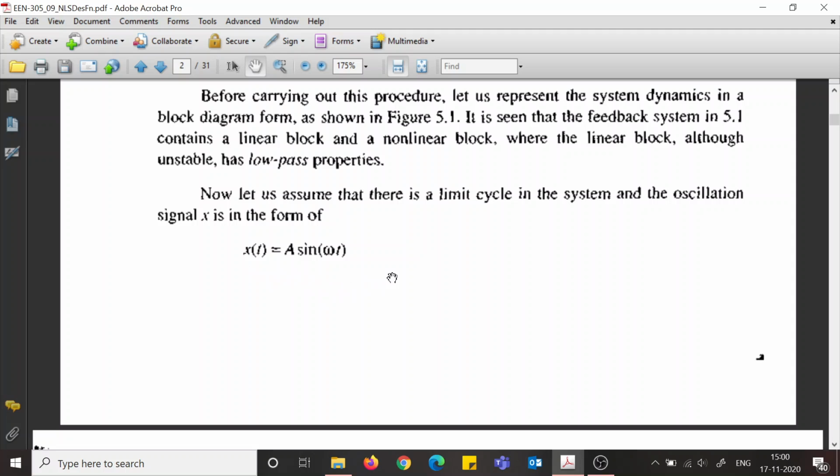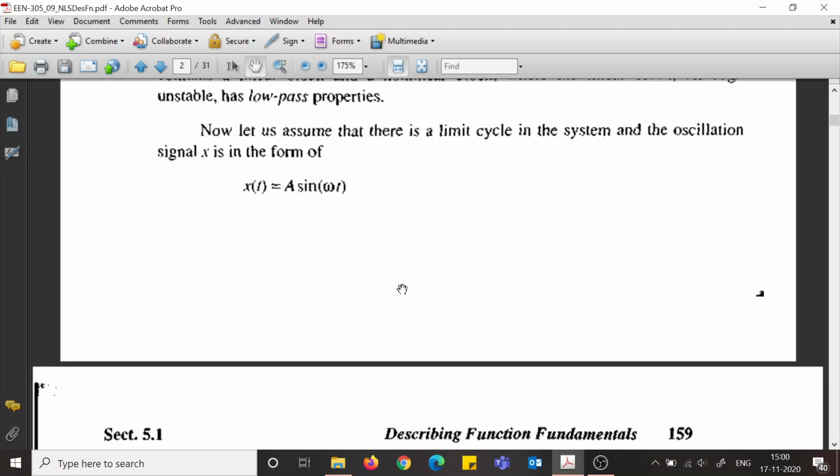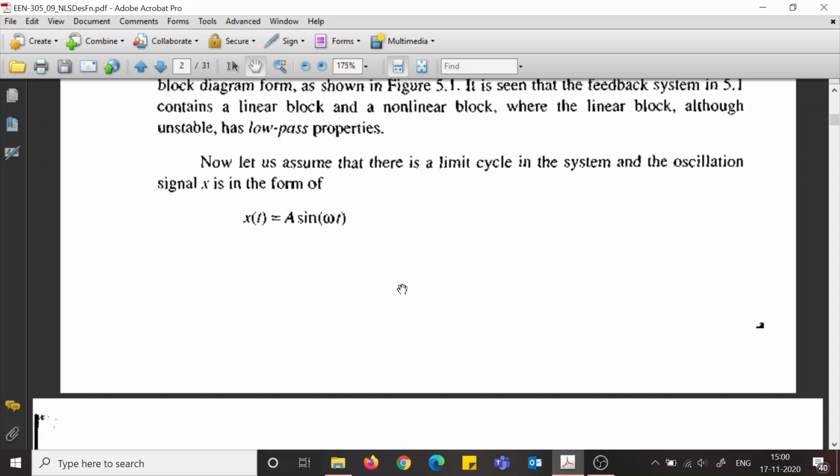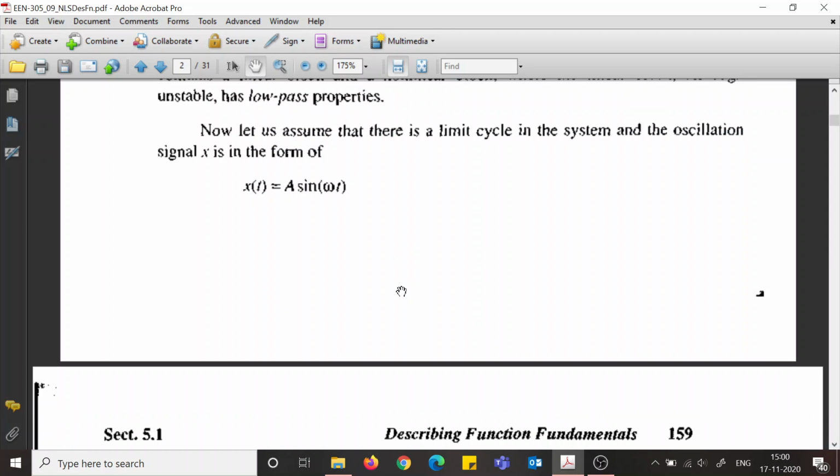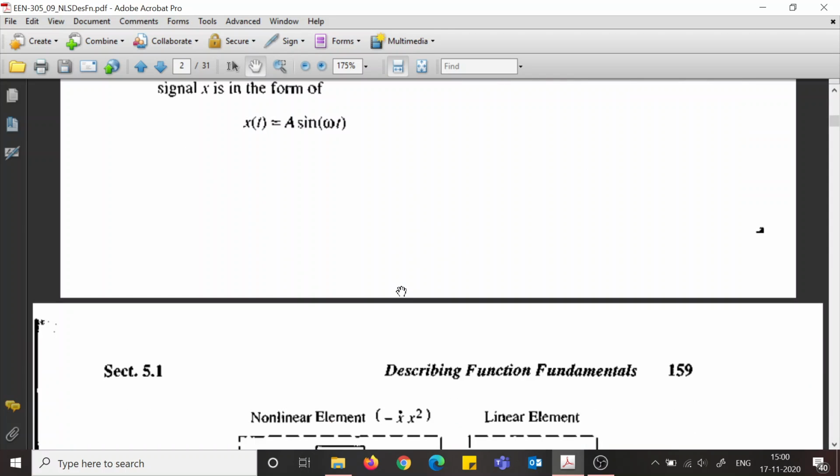If the input is a sinusoid, the output is also a sinusoid, and we have a gain change and a phase shift, and we have the frequency response, which is the gain plot and the phase plot. That we can obtain for a linear system, which are the Bode plots.